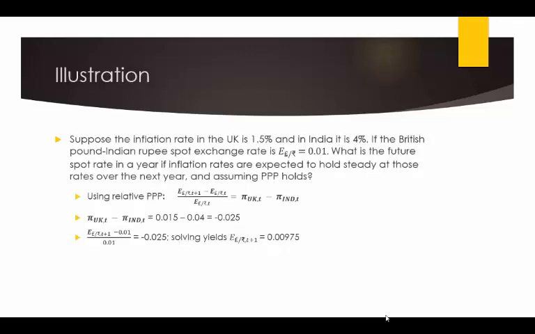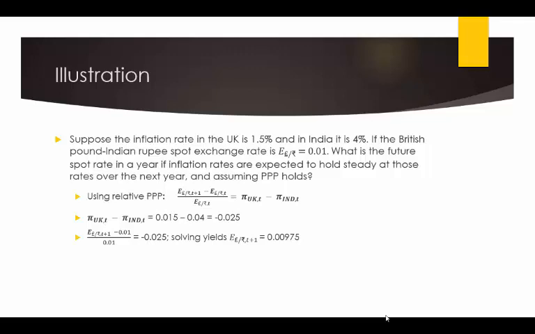As an illustration, let's suppose the inflation rate in the United Kingdom is 1.5% and in India it is 4%. If this is the forecast inflation expected to hold over the next year, we can compute the future pound-rupee exchange rate in a year's time if the current pound-rupee exchange rate is 0.01.